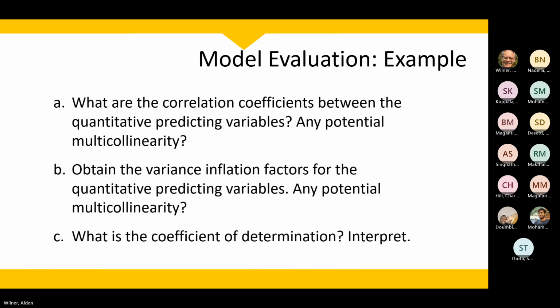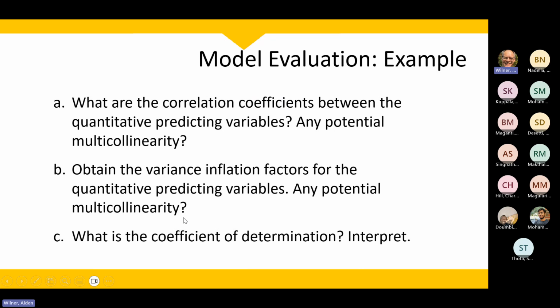So another question we ask ourselves in our analysis: what are the correlation coefficients between each of the quantitative predicting variables? Do we see any potential multicollinearity? So we have to run this as a test against our model to see if it's a good model. In order to do that, we look at the variance inflation factors for each of our features.